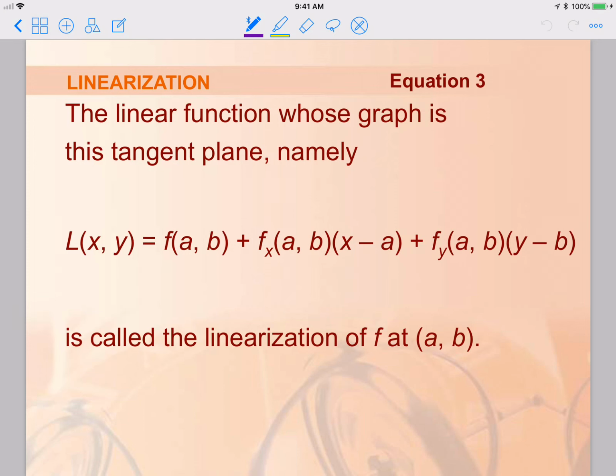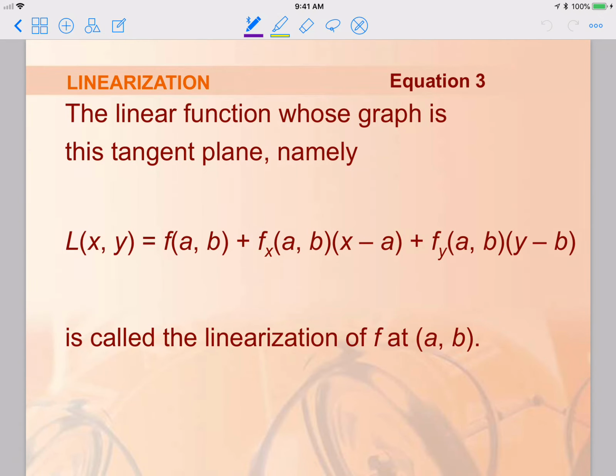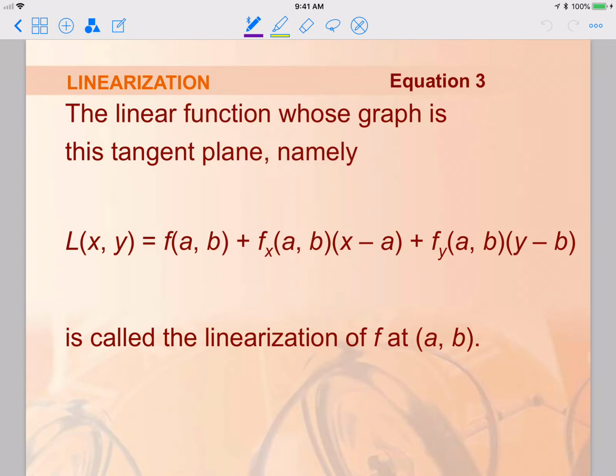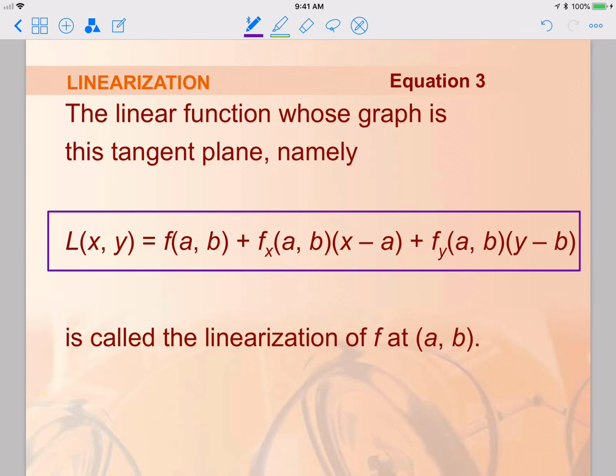And this is the formula for the linearization of f at the point (a, b). This is definitely a formula you want to have on your cheat sheet for the exam, and you want to have an example showing how to use it.